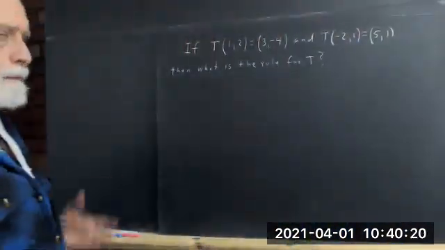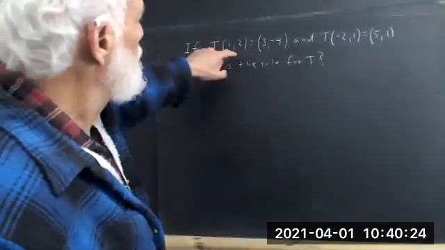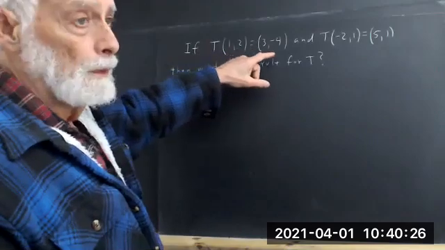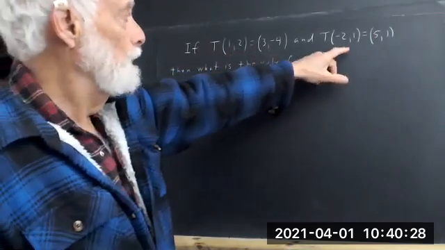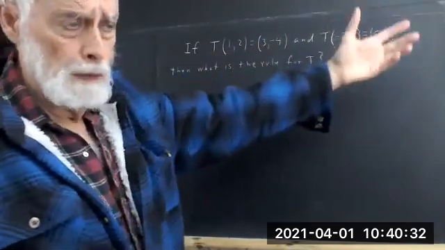Okay, our next question is, if we know what T does to the vector 1, 2, and to the vector negative 2, 1, in other words, what does T do to two different vectors?